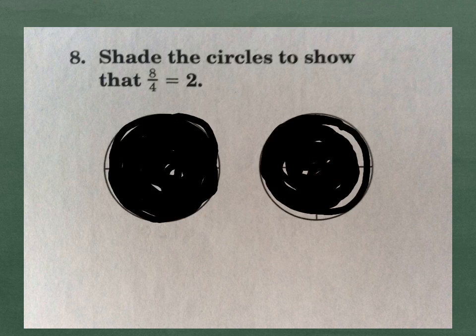So fill in both circles for you. Do an even better job than I did. Because 8/4 would be all 8 parts filled in of both of these circles that have fourths.